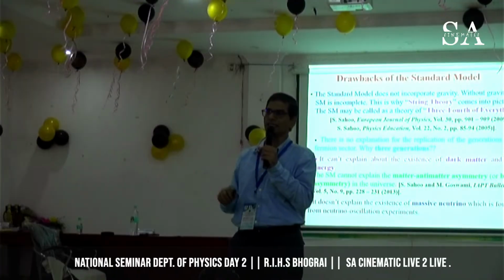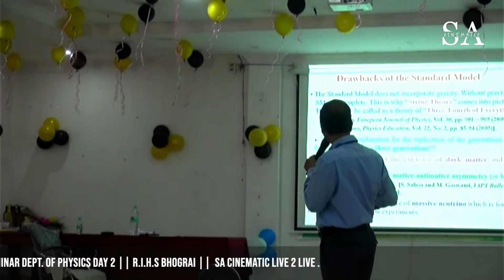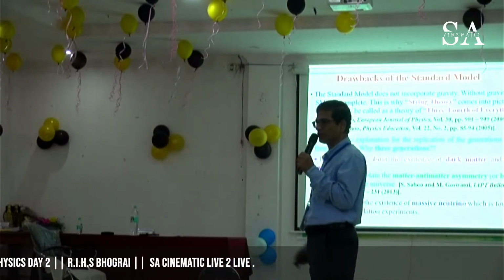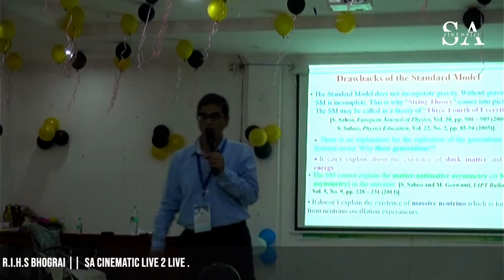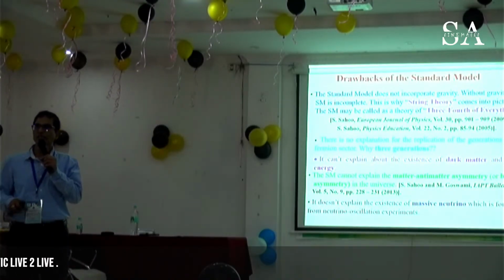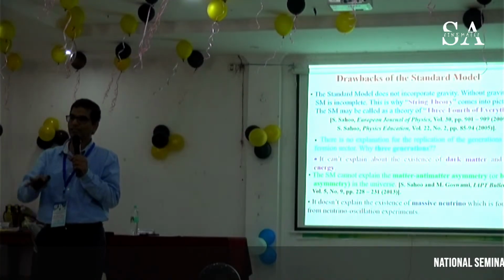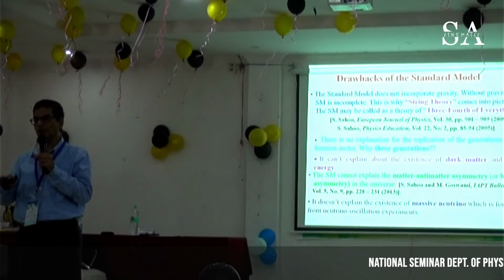That is known as the darker side of the universe. Out of 95%, 68% is dark energy and 27% is dark matter. But so far it is not explained by our Standard Model. Although the Standard Model is the most successful theory to explain the phenomena existing in the universe, it has these limitations.